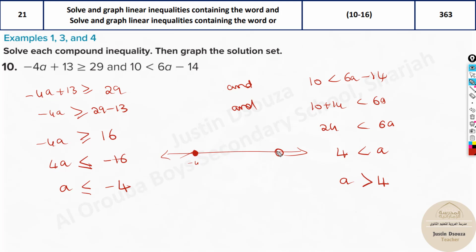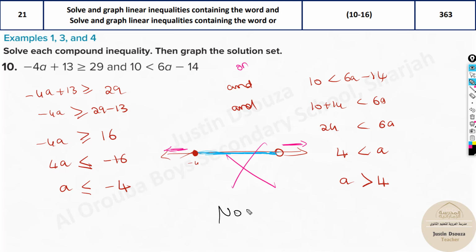It must be within this range. The solution must be like this, between both of these. Is it the case over here? No. Here, what have we got? A is greater than 4. That means this is all the solution, and less than. This is supposed to be like "or". So this is wrong for "and". We cannot have this. There is no solution for this case.